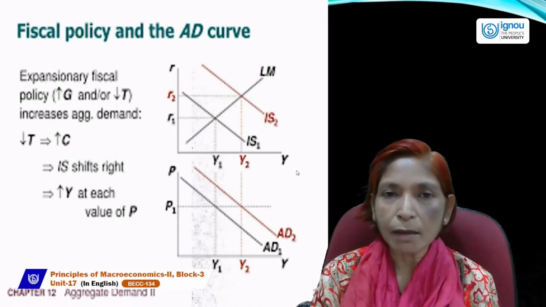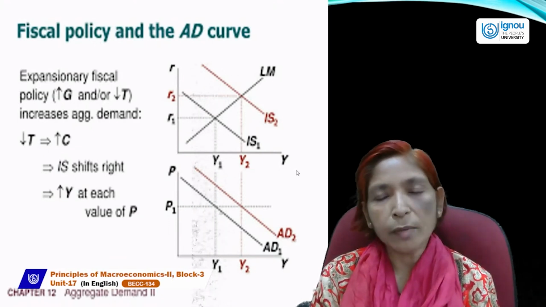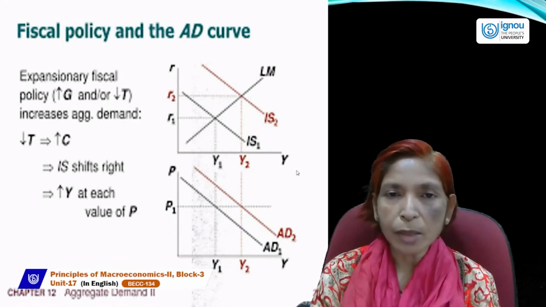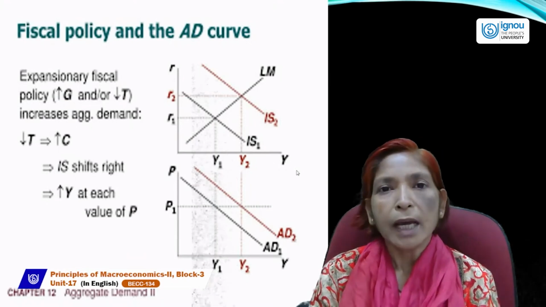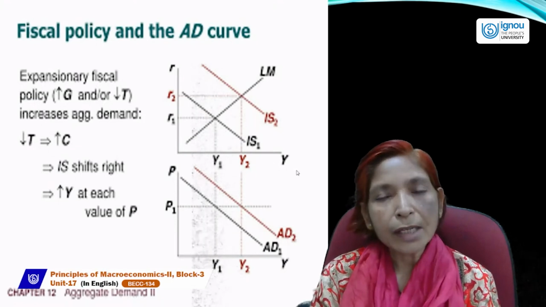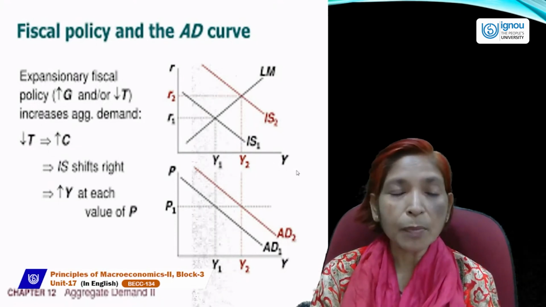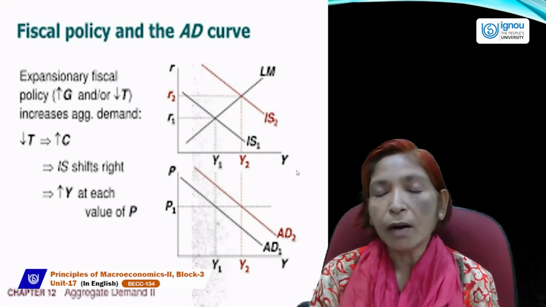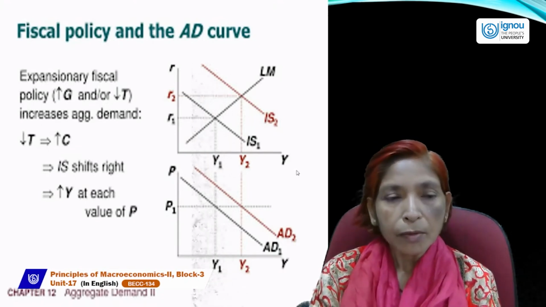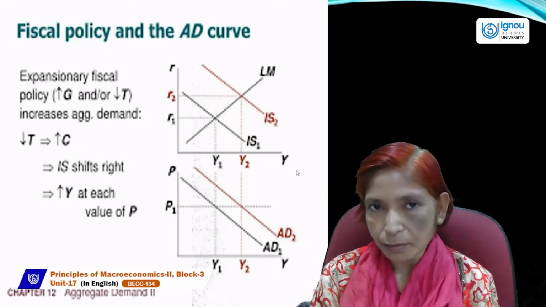So many factors affect our demand, like income of the consumer, taste and preferences, taxation policy of the government, expectations, future price expectations, size of population, distribution of income, and fiscal policy and monetary policy are very important factors which can shift our aggregate demand curve.